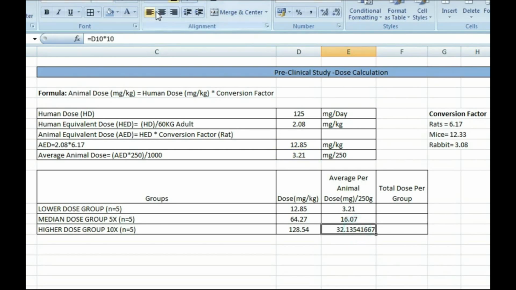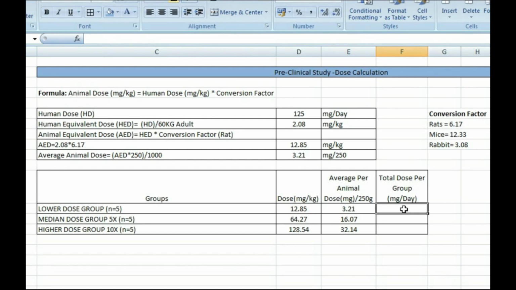This is calculated by multiplying by 5 and 10, and then the total dose per group. There are 5 animals per group, so here we will directly multiply by the animals. It will be calculated for the per day dose.